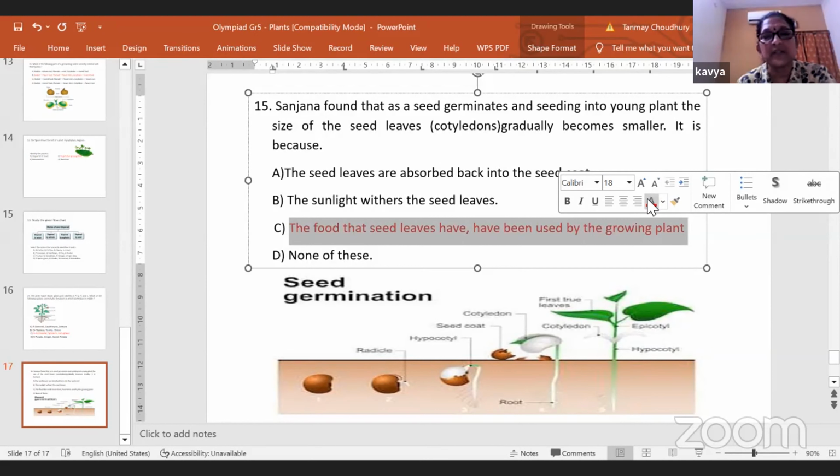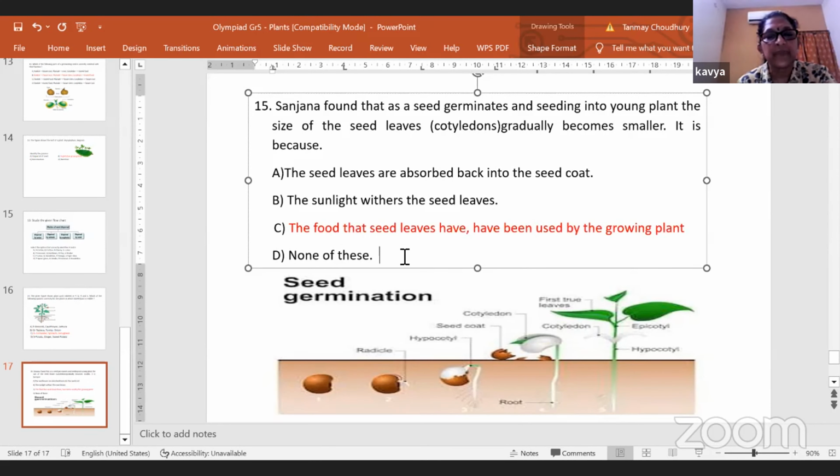So this will be the answer. All of you, just let me see. Yes, answer is C. So all of you have written down C. The answer is C. Okay.